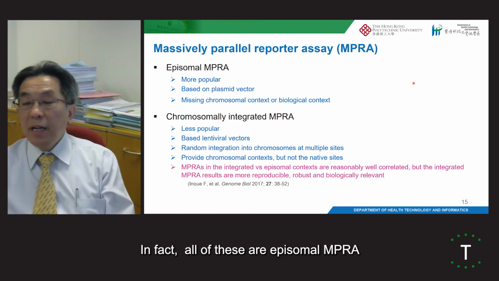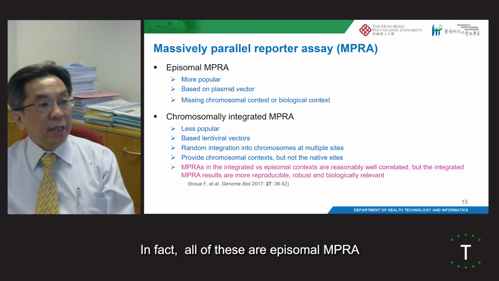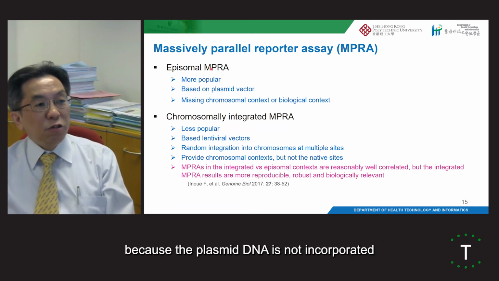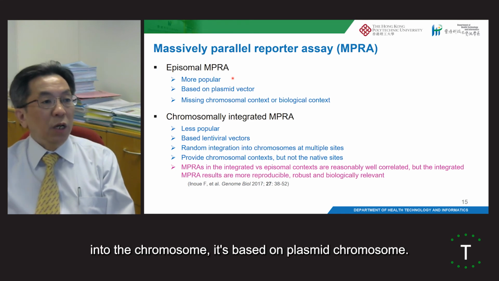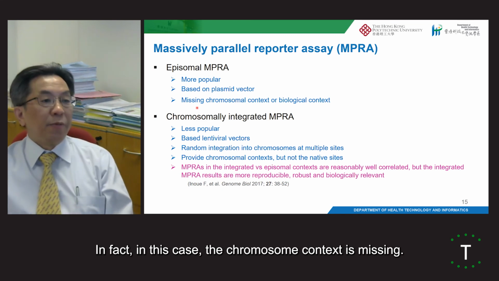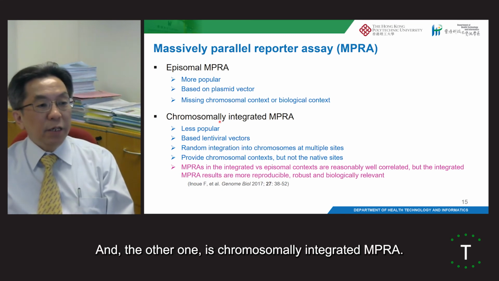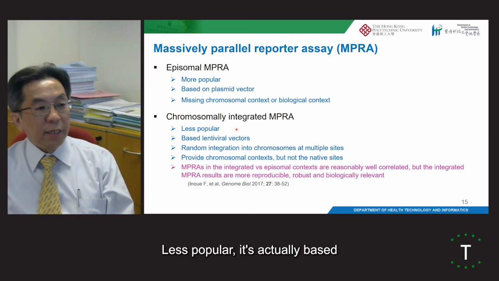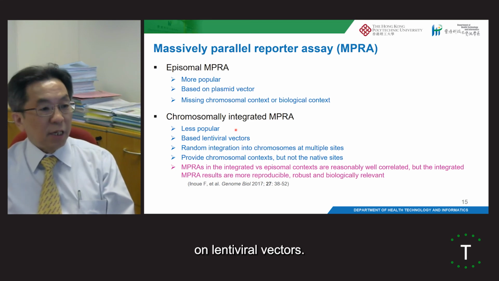All these are episomal, because the plasmid DNA is not incorporated into the chromosome. It is based on plasmid, so the chromosome context is missing. The other one is chromosomally integrated MPRA, which is less popular. It is based on lentivirus vector.